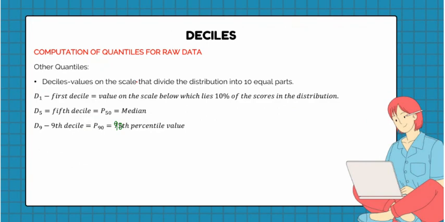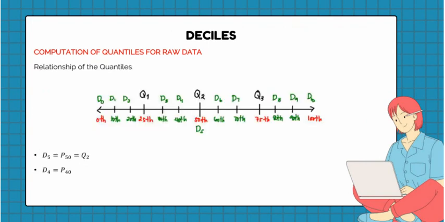The best way to explain this one is using still the number line, wherein we could see the relationship between our quantiles. So let's say ito yung entire distribution natin, which is yung number line, which is going to be 100%. As you can see, I wrote here na it's going to start out with our 0th percentile, and then the next one is going to be the 10th percentile, and then 20th up until the 100th percentile.